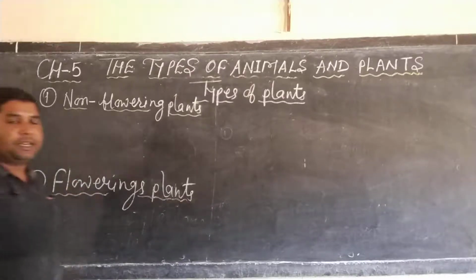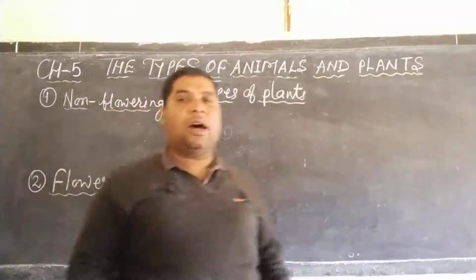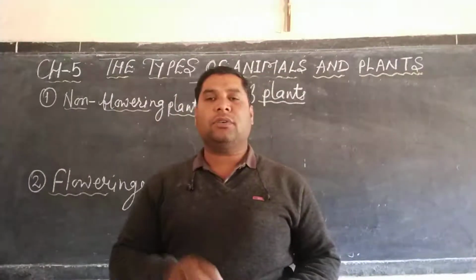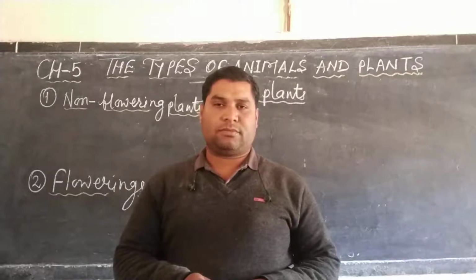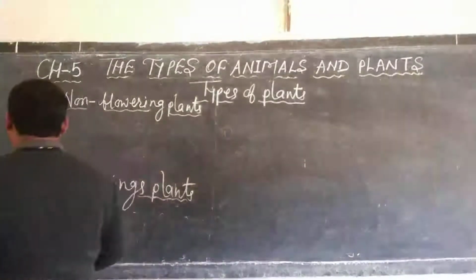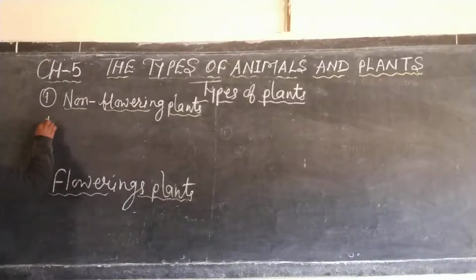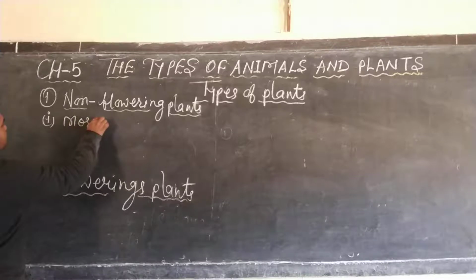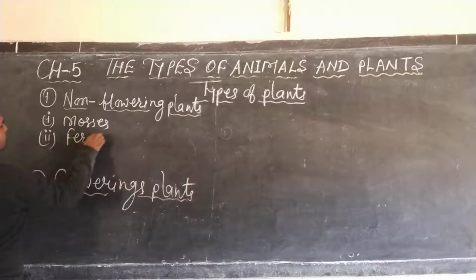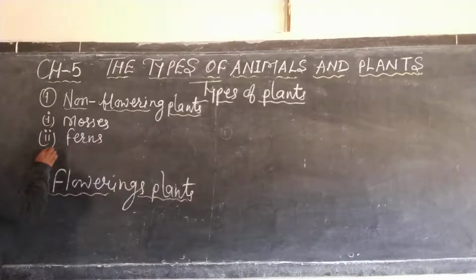After that, non-flowering plants are further divided into smaller groups, and these smaller groups of the non-flowering plants are first mosses, second ferns, and third conifers.